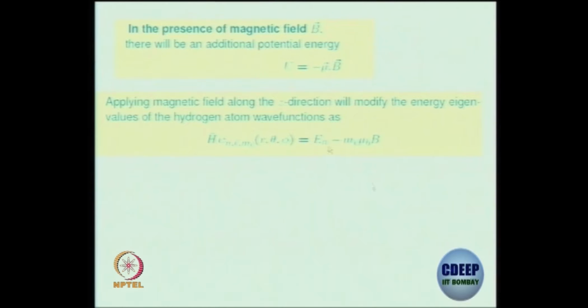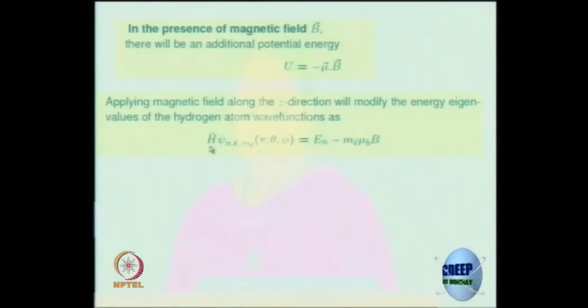So we try and operate this operator. The Hamiltonian will be the hydrogen atom Hamiltonian added with a minus mu dot B. When we turn on the magnetic field on a central potential, you had the hydrogen atom Hamiltonian and then a minus mu dot B added to it.